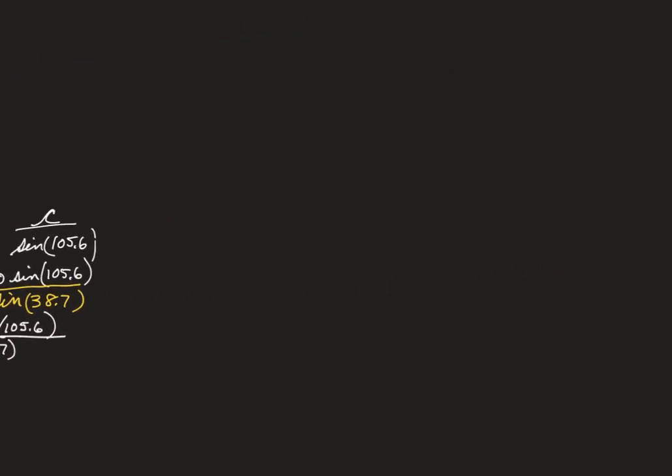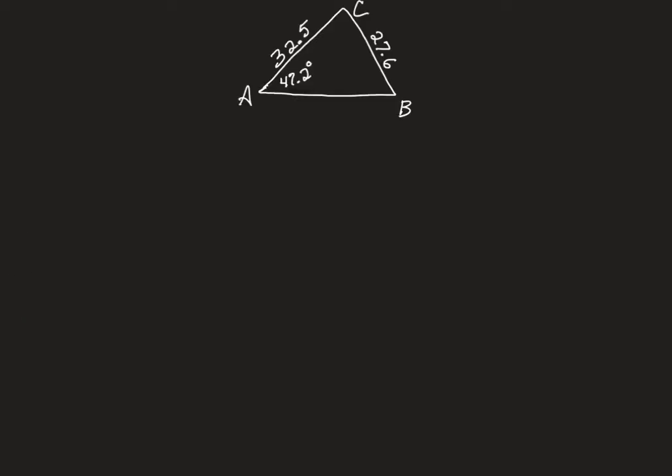And moving on to one more example. All right, let's have a go at this one. Triangle ABC with side B equals 32.5 and side A equals 27.6 and angle A equals 47.2 degrees. Let's put that in a chart.